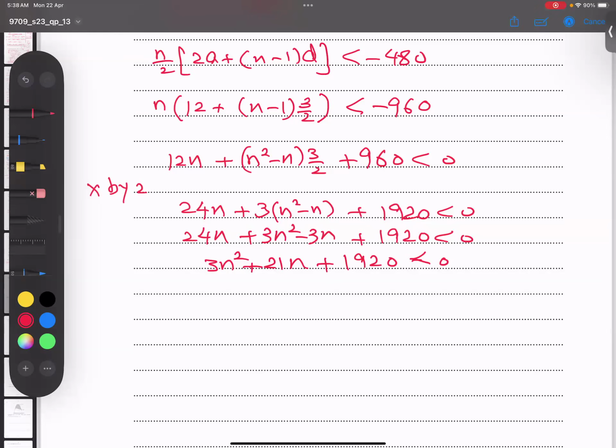So 1920. If I think, the whole equation is divisible by 3. One minute, let me check. This is coming 24. This is 12. Okay, clear.